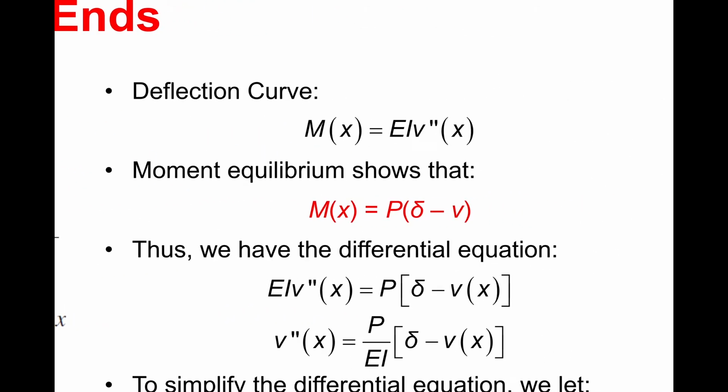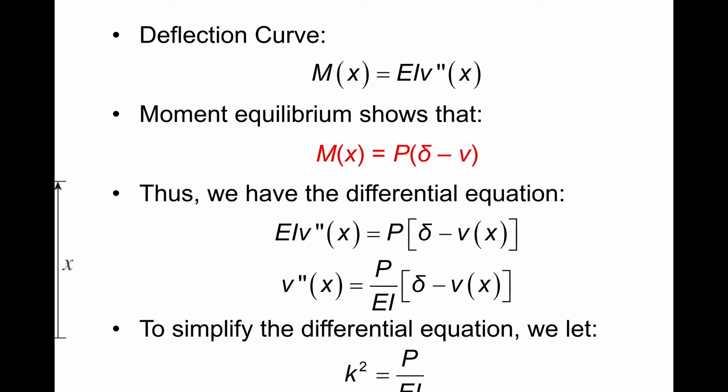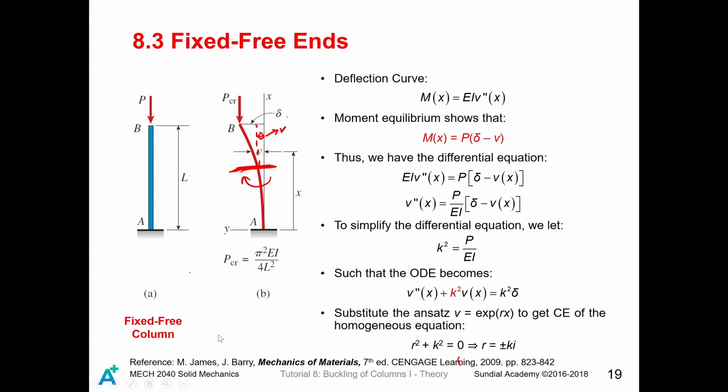So the moment equilibrium is Mx equals P times delta minus V. Now we put this moment into the deflection curve differential equation and rewrite it like this. Still, if we simplify this differential equation by the assumption that k squared equals P divided by EI, then the ODE will become V double prime x plus k squared V equals k squared delta.